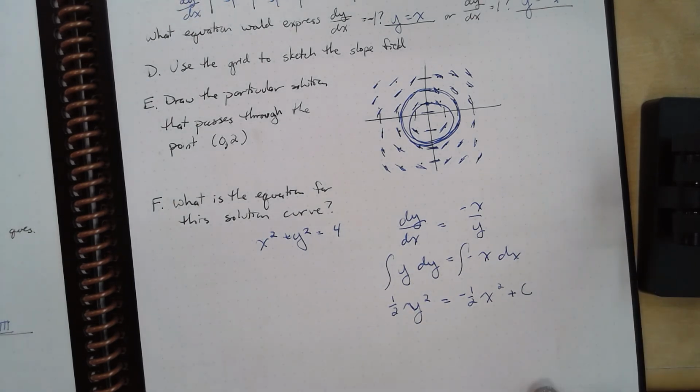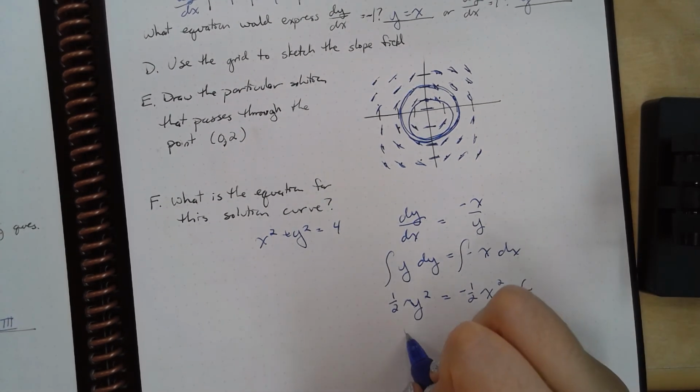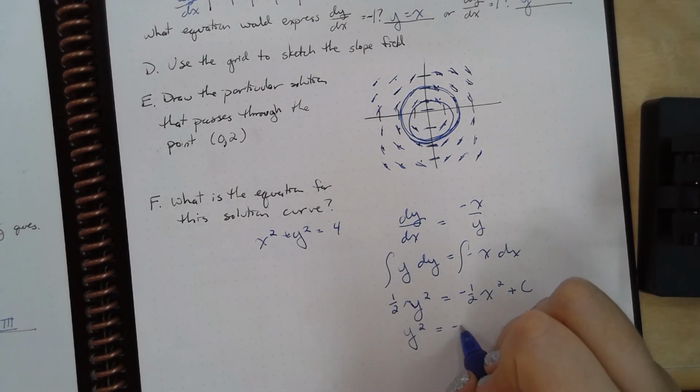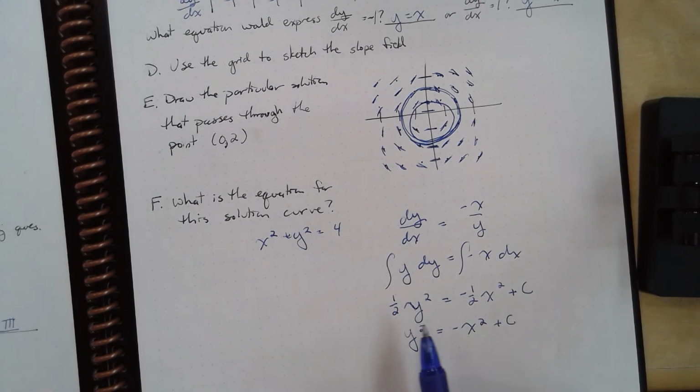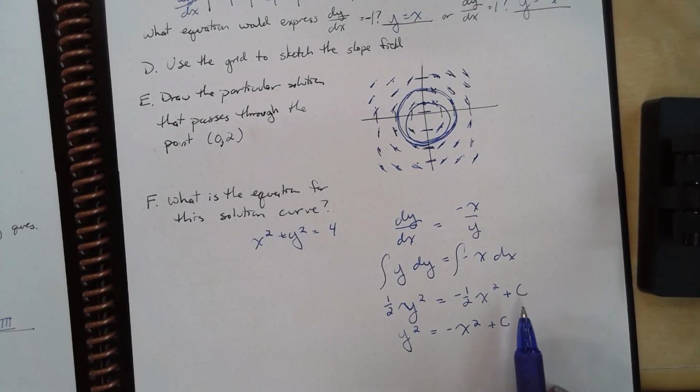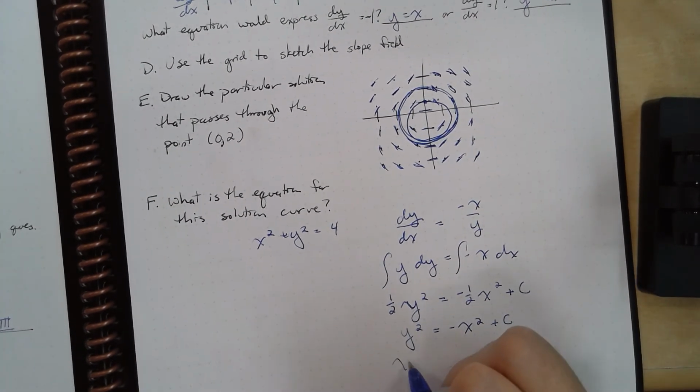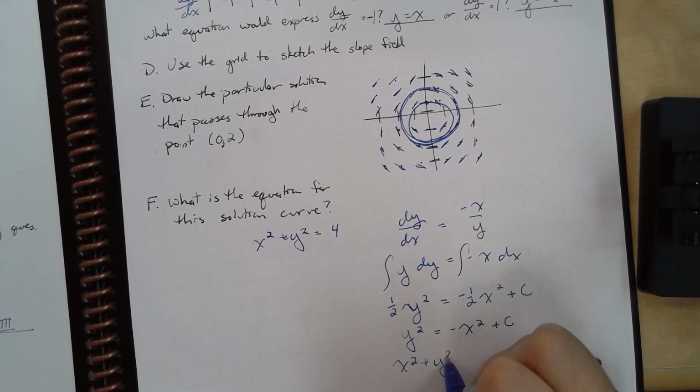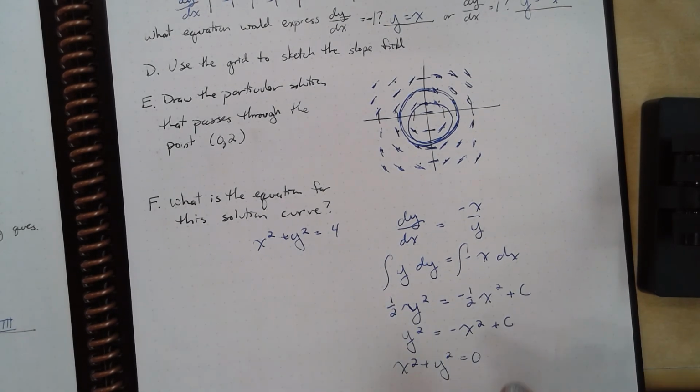You only have to put the plus c on one side because that's just not really necessary. So if I multiply everything by 2, I get y squared equals negative x squared plus c. Again, c times 2 is still just a constant. So now I have x squared plus y squared equals c.